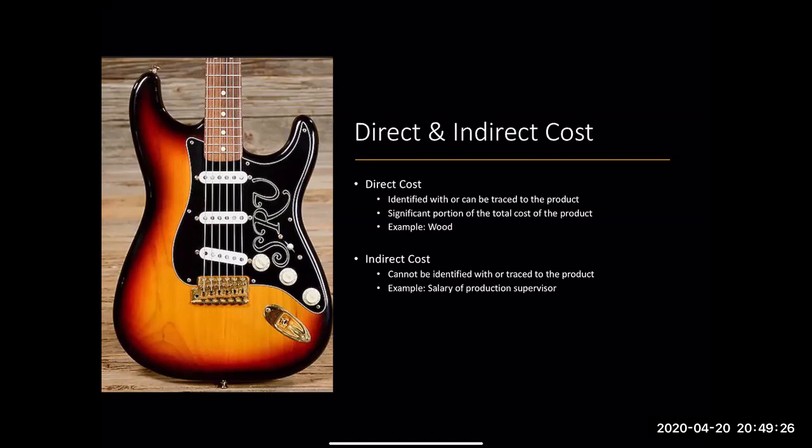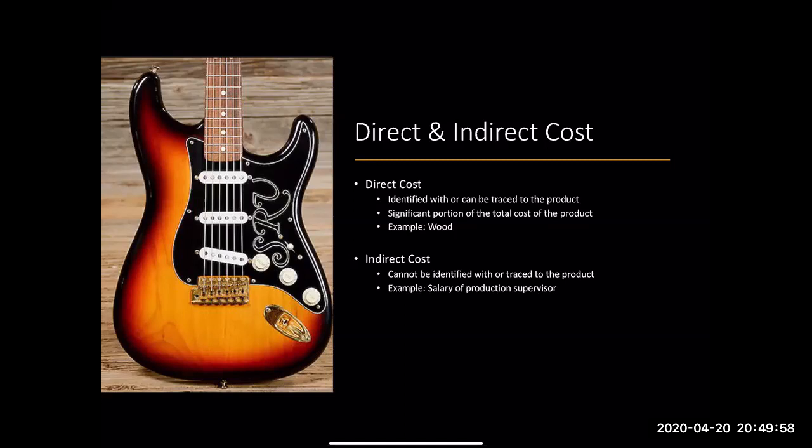However, if I'm looking at this guitar, the strings wouldn't necessarily be considered a direct cost, because they're not significant enough. A string is maybe a penny at most, and the manufacturing of this guitar is close to $500, right? So it's insignificant when we consider the total cost of the product.